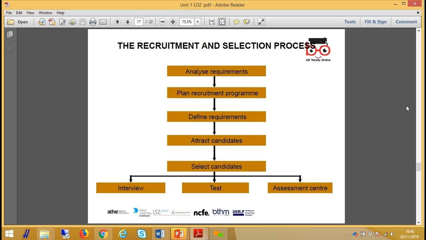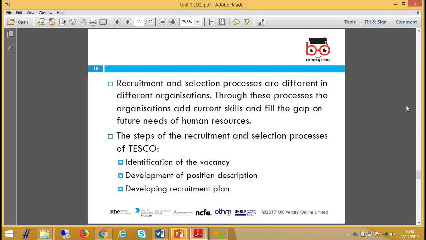You can use the common methods being interviews, CV screening, or application form screening, testing, or assessment centers. Assessment centers is where you combine more than one of these methods together. So you can do a psychometric test, an interview, and a team-based exercise as part of the assessment center, for instance. Okay.